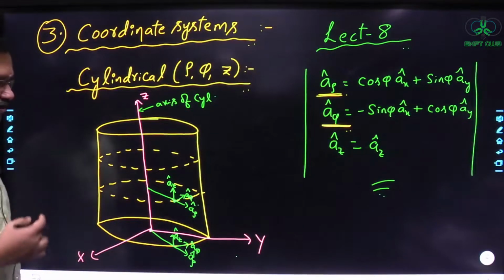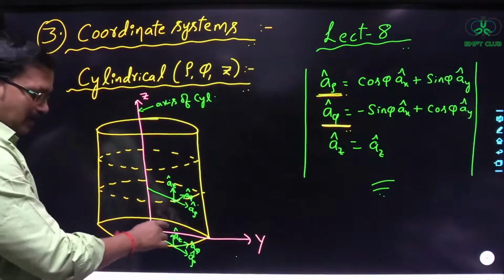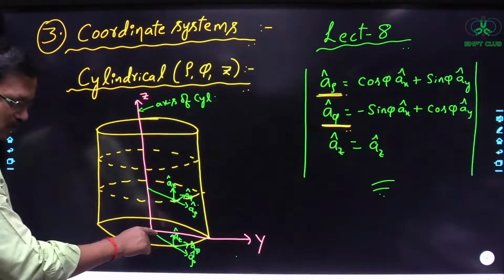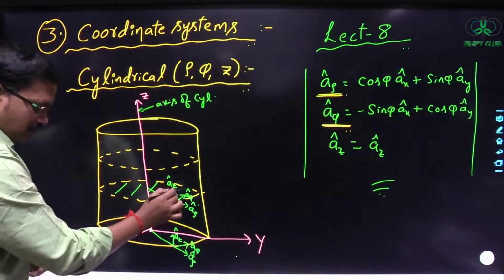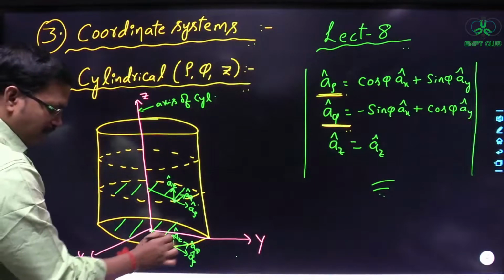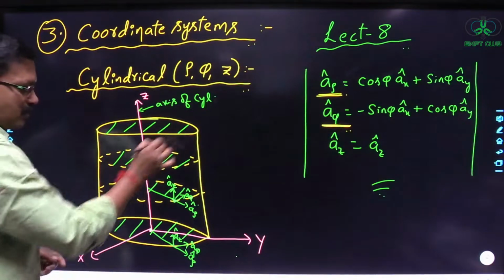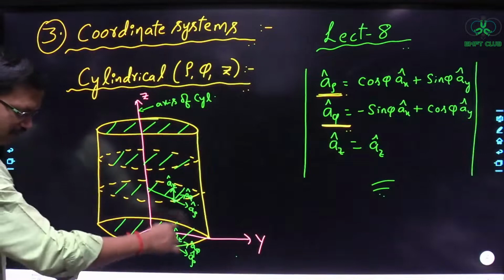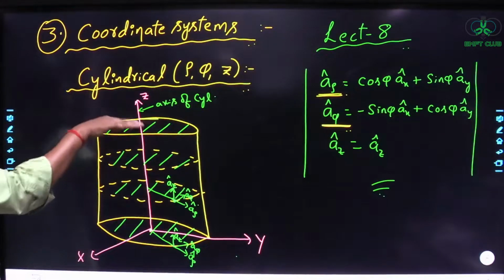Now if you observe, a rho cap and a phi cap are lying in the xy plane. These circles are nothing but planes that are parallel to the xy plane.